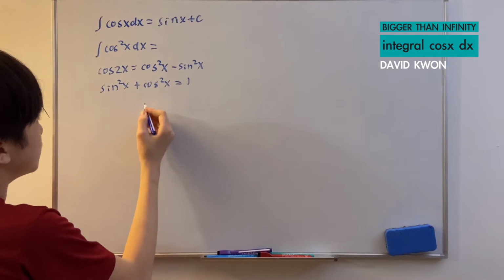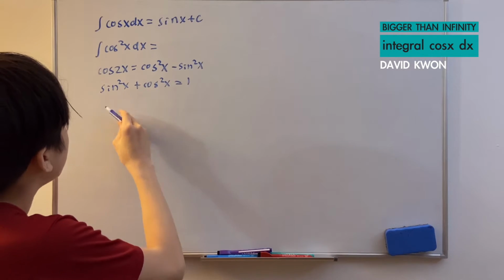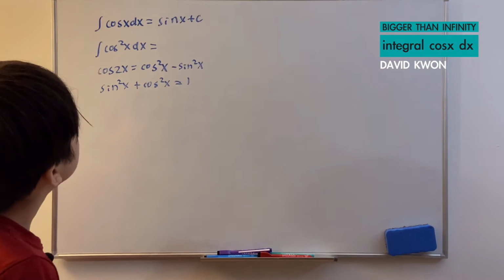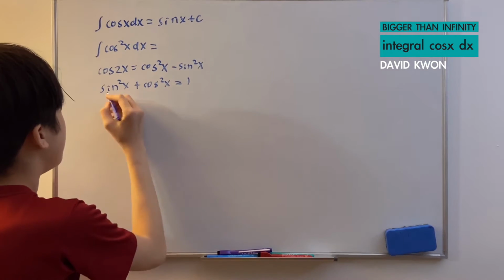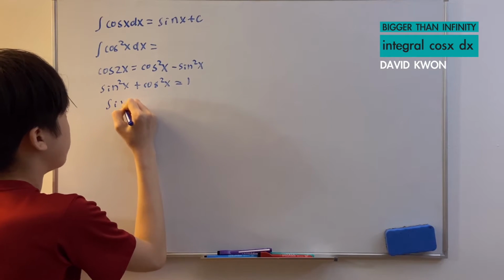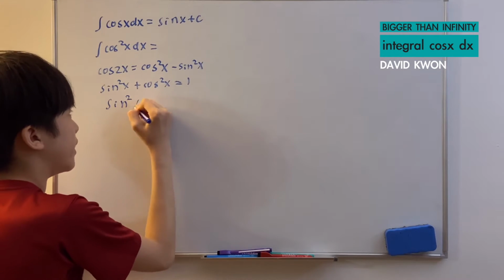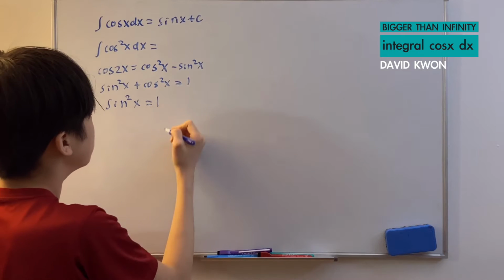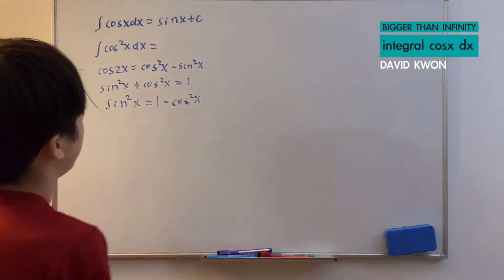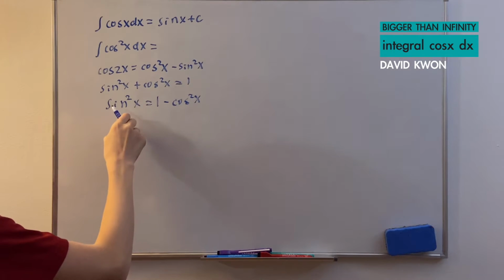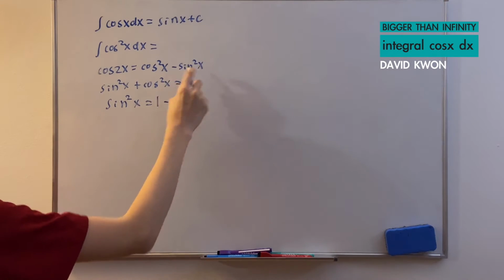Now we minus out the cosine squared x on both sides. So we have sine squared x is equal to 1 minus cosine squared x. I just plug this into here.